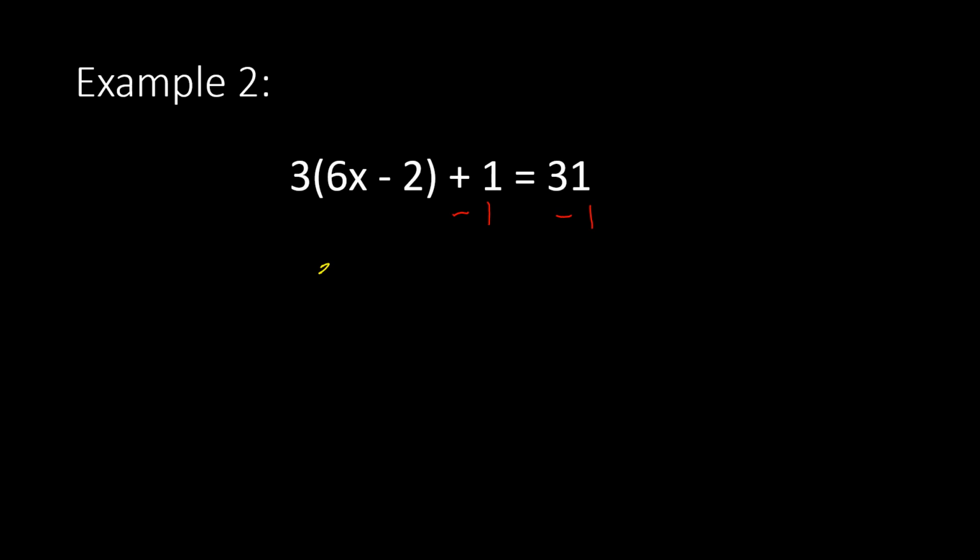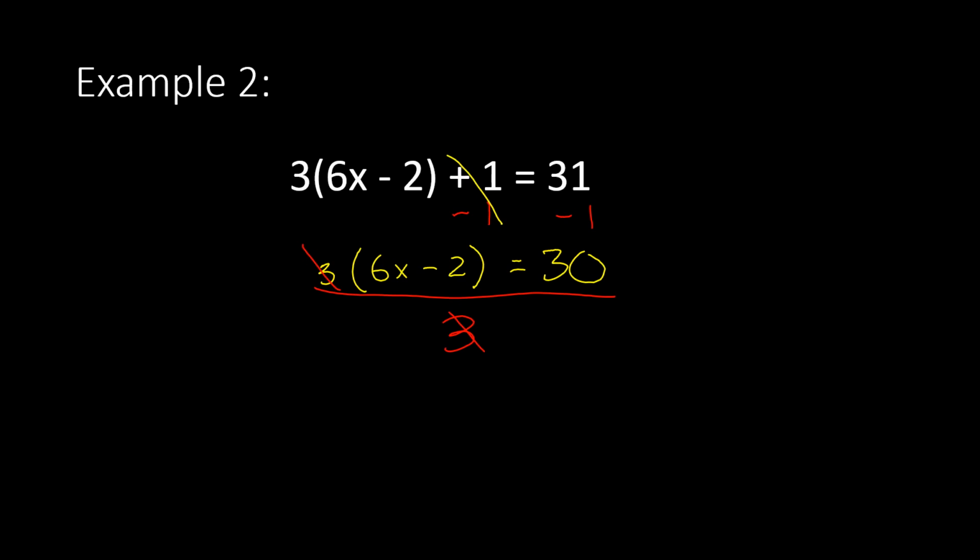Then you get 3 times 6x minus 2 equals 31 minus 1, which is 30, because this cancels out. Then you divide by 3 on both sides, so these two cancel out, and 30 divided by 3 is 10. So we'll have 6x minus 2 equals 10.